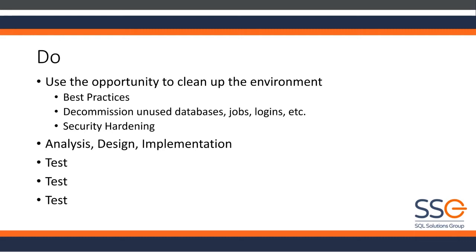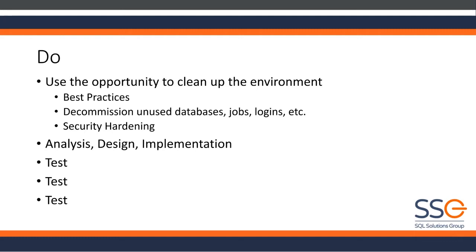And then test, right? What's great about the world of virtual machines is we can prepare our target server that we're going to migrate to. We can grab a snapshot, or checkpoint if it's Hyper-V, and we can test our migration. And then we can roll back to that base and test it again. And we can do this over and over again until we've covered everything.